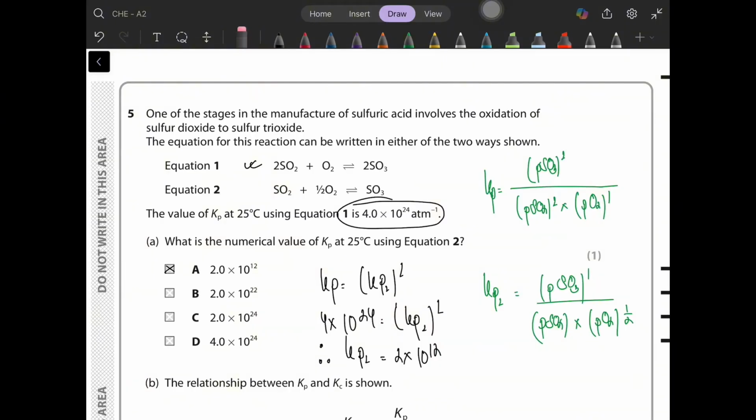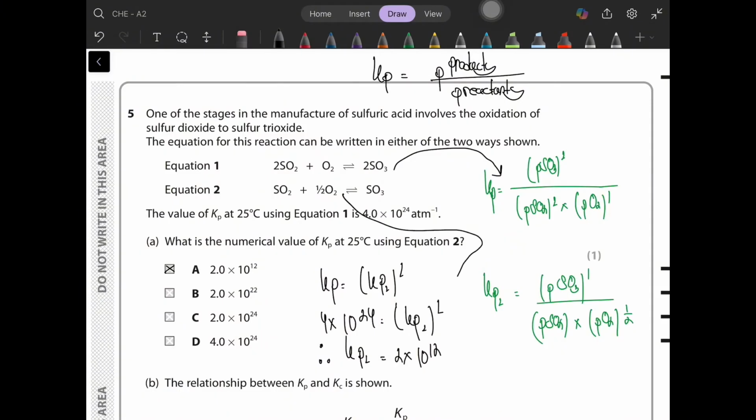First of all, Kp should be equivalent to the partial pressure of products over the partial pressure of reactants. This is what I have written over here, and this corresponds to the Kp of the first equation, and this corresponds to the Kp of the second equation.